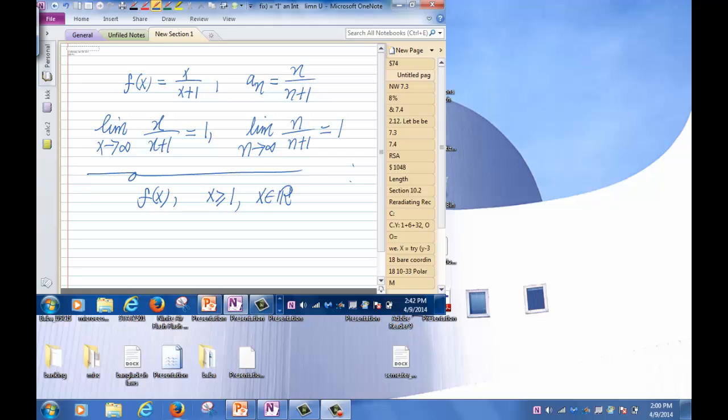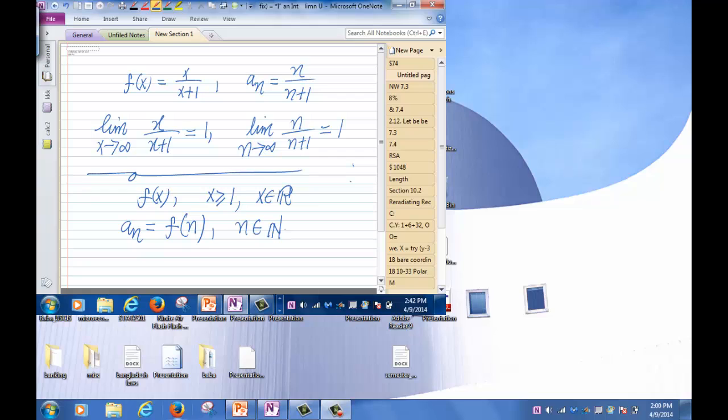So f of x is defined for all real numbers larger than or equal to 1, right? But corresponding to the function f of x, what's the graph of f of x? It's a curve, right? But I can define a sequence out of this function by saying the nth term of the sequence is f of n, right? So now n is just a positive integer.